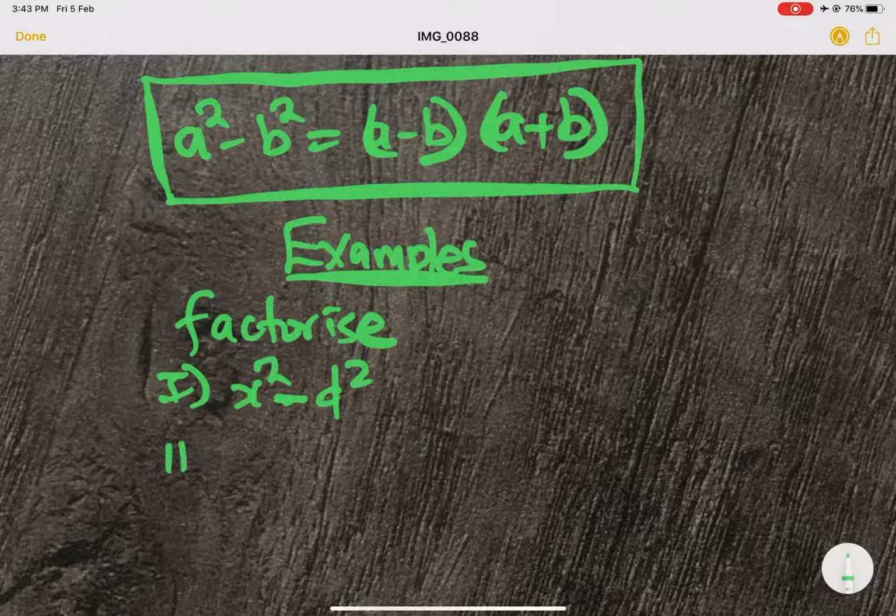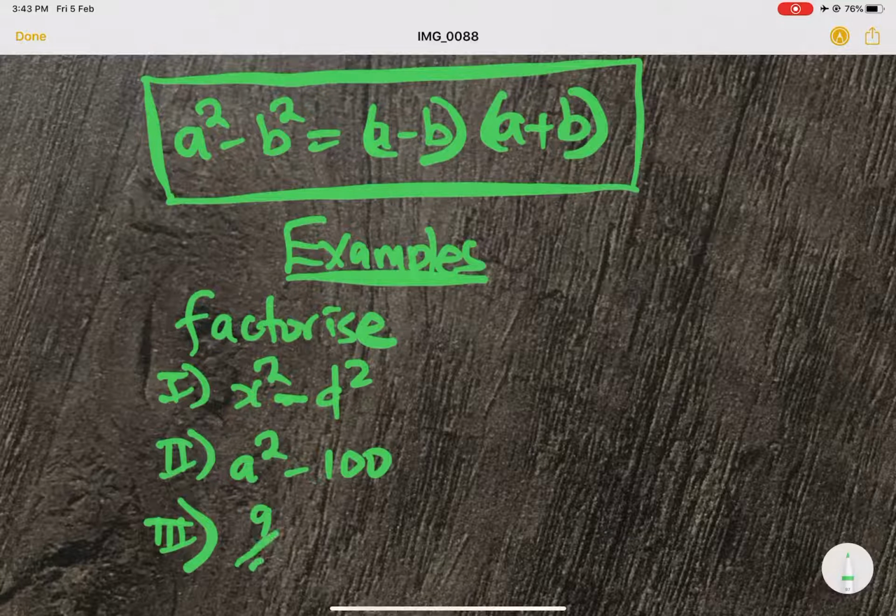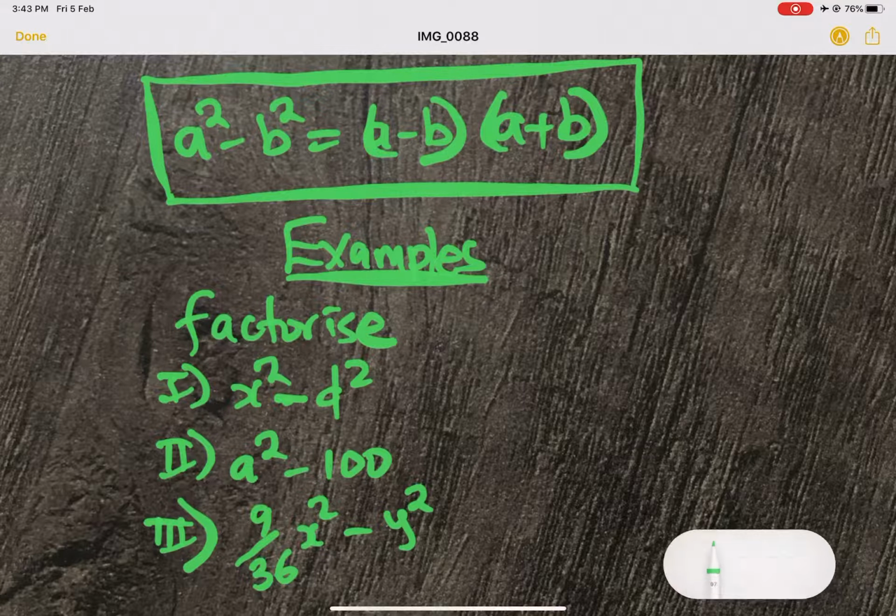Number 2, a squared minus 100. Number 3, 9 over 36 x squared minus y squared. Okay, so we are given to factorize these three expressions using difference of two squares.